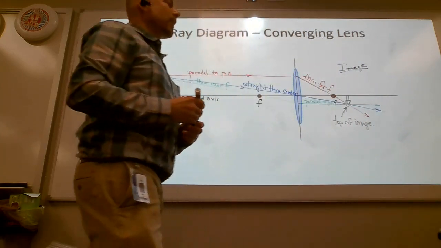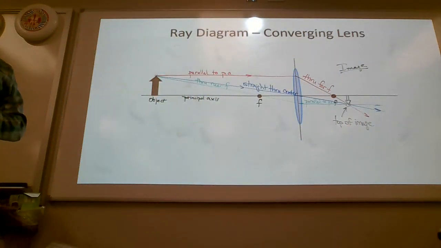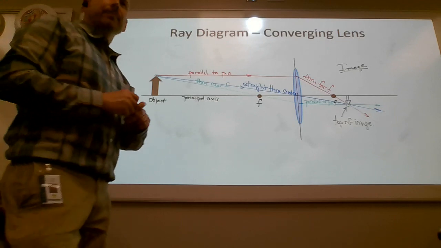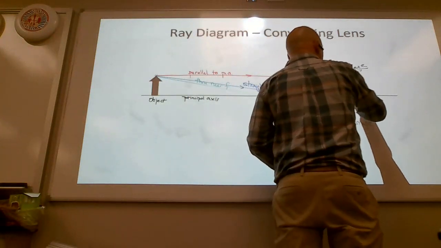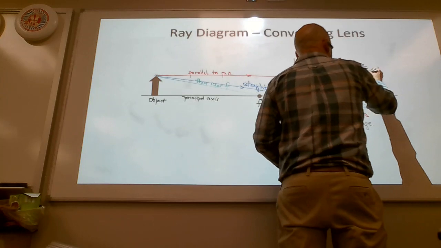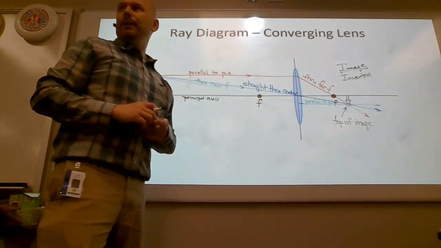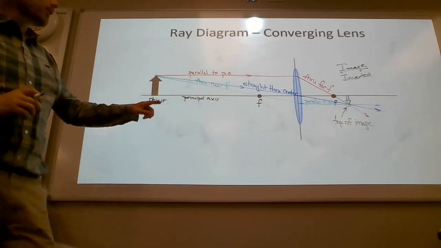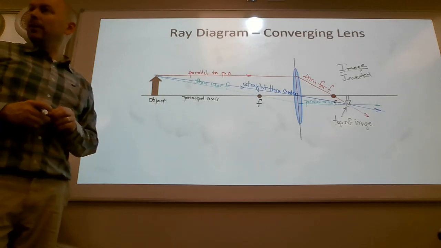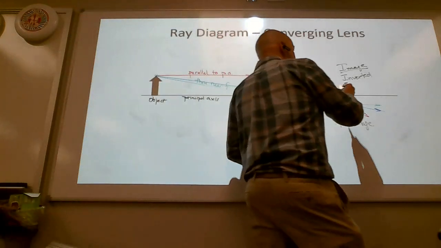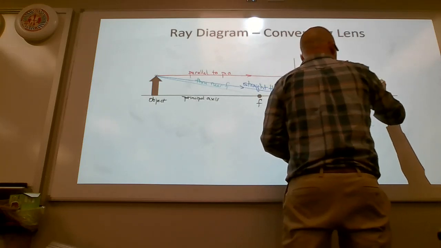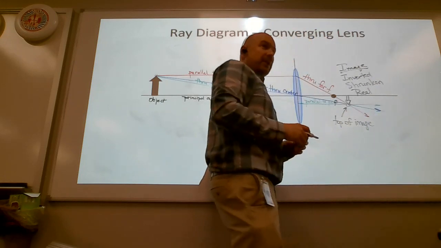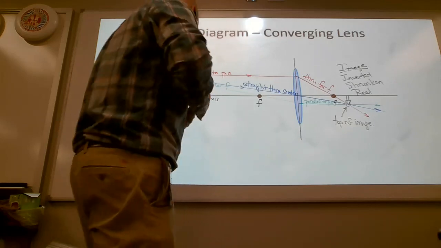So we could describe that image, a couple characteristics. Is it upside down or right side up? Upside down, we call that inverted. Is the image bigger or smaller than the object? Smaller. So we say it is shrunken. And the third characteristic, which we'll talk about here in a second, is it is real. What does that mean?